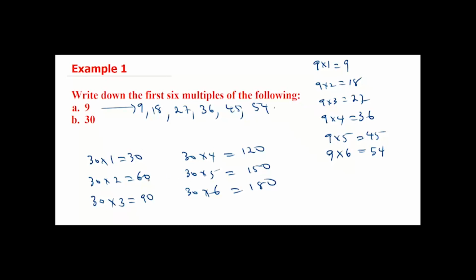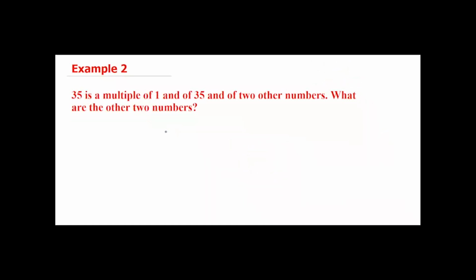Since the position is 6, it's not far, you can also count in 30s. So the first 6 multiples of 30 will be 30, 60, 90, 120, 150, and 180.